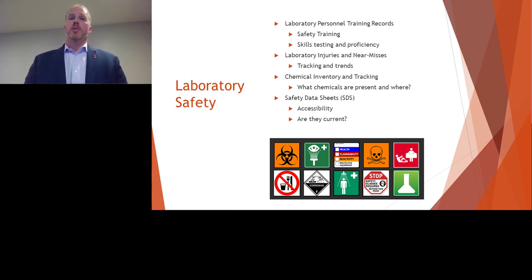Then also knowing your chemicals is because you have to have access to your safety data sheets. Those give all the pertinent information about the chemicals within the lab. You're required to have that information for your chemists, your technicians, or anybody that comes into the lab. They should be able to find that information rapidly and review it, and should have reviewed it before they start handling any type of chemicals.